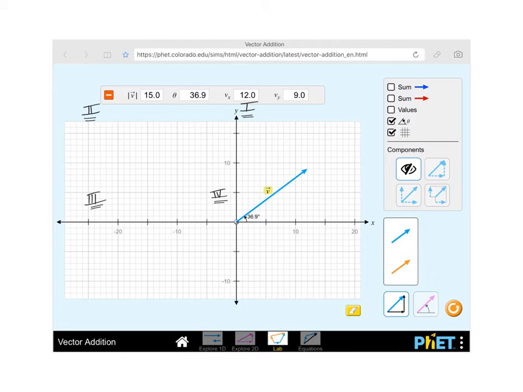The other way that we can specify a vector is by using the polar positive specification. For that, we just say that the angle is always measured counterclockwise from the positive x-axis, regardless of what quadrant the vector's in.